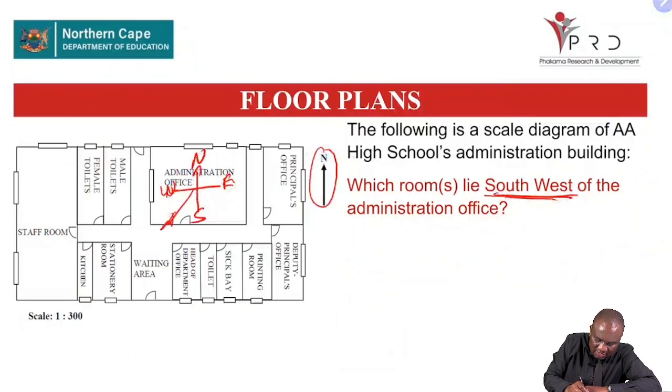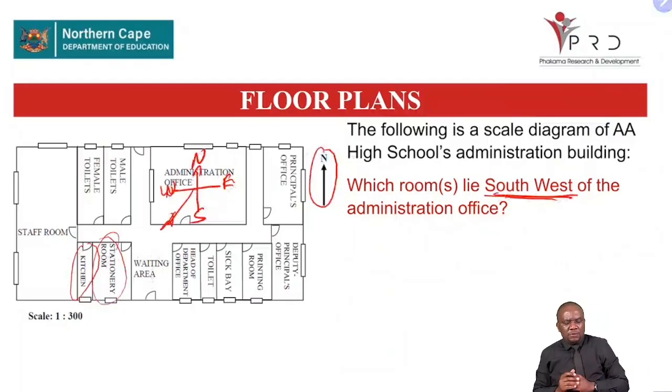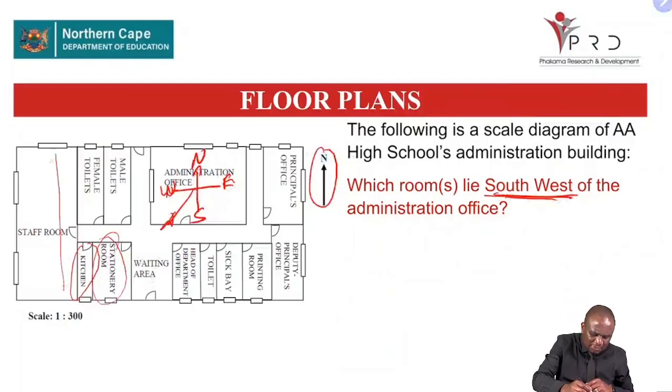So southwest is this direction. So which rooms are we talking about here? The stationery room, the kitchen; the waiting area is not a room. Any of those two. Okay. What about the staff room? The staff room stretches up to there. So the most appropriate ones would be the staff room and the kitchen there.